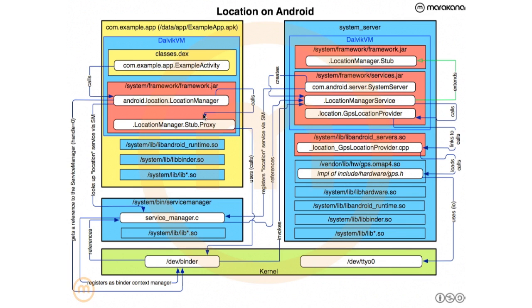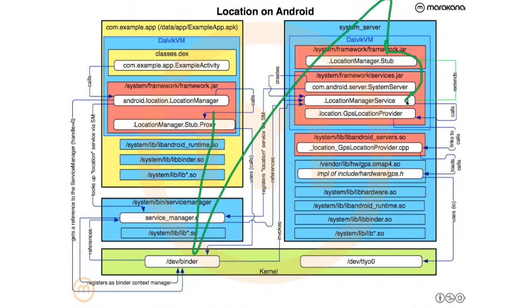Location manager, again, just like we already know, goes to service manager, grabs a reference to this location manager service. So when you now say, okay, I want to get the last known location, again, you'll see it's fairly consistent, goes via this proxy, down into the binder, back into the stub, and down into this location manager service.